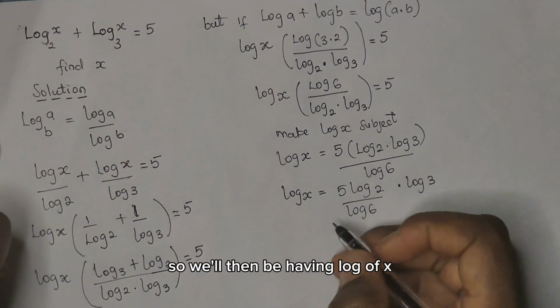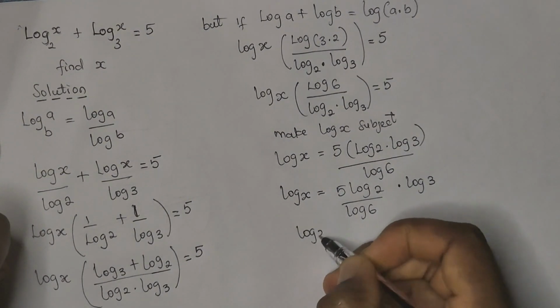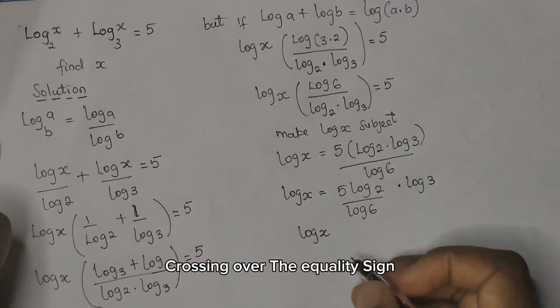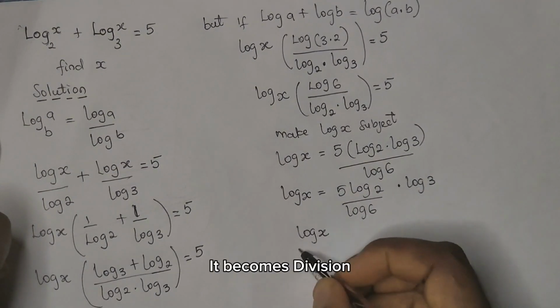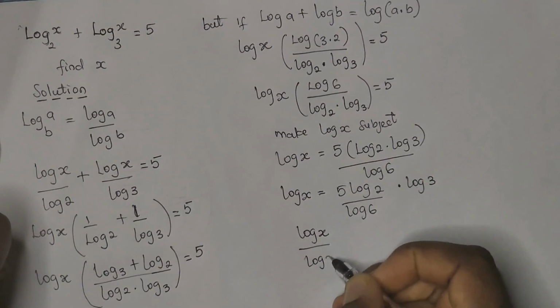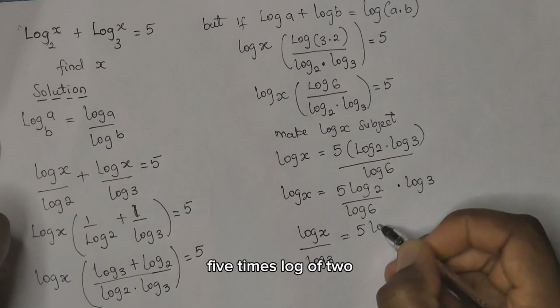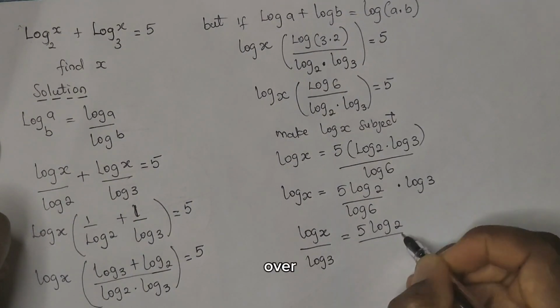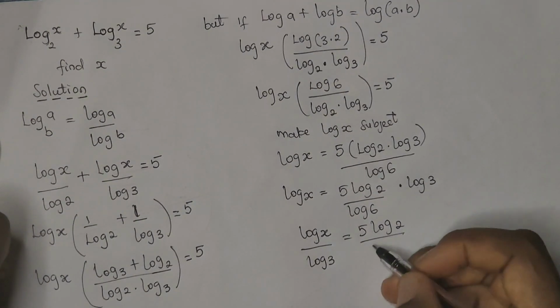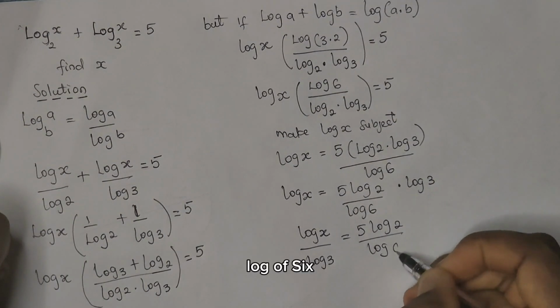So we'll then be having log of x, crossing over the equality sign, it becomes division, equal to 5 times log of 2 over log of 6.